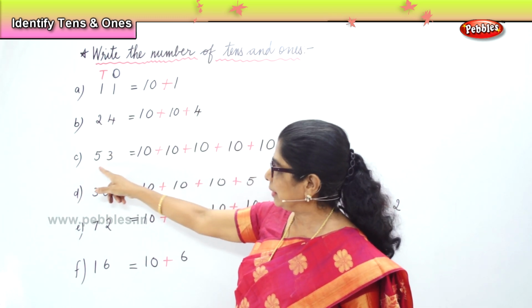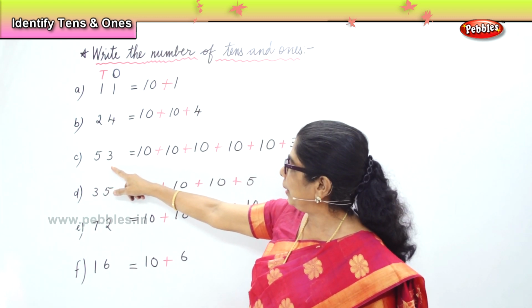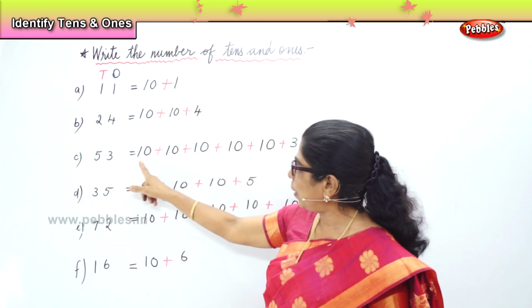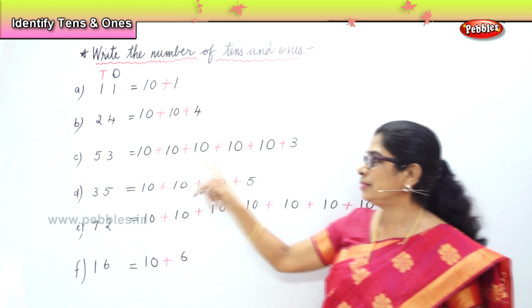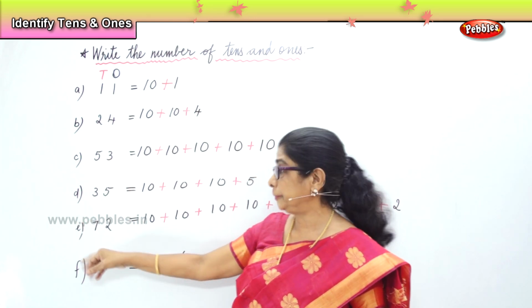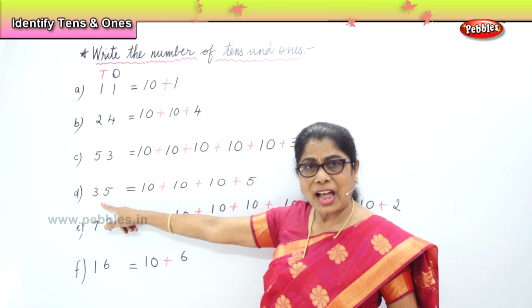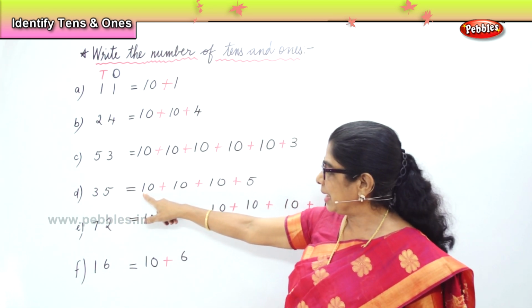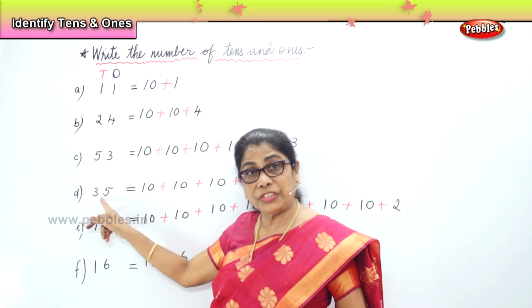Now, 53. 5 in the tens place, 3 in the ones place. So 5 tens, 1, 2, 3, 4, 5 tens plus 3 ones, 53. Next we have 35. You have 3 in the tens place, 5 in the ones place, 3 tens and 5 ones. That makes it 35.